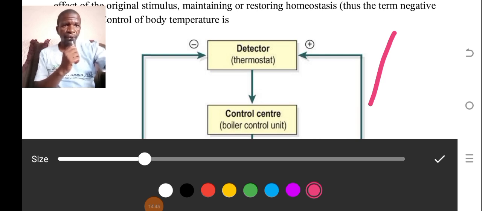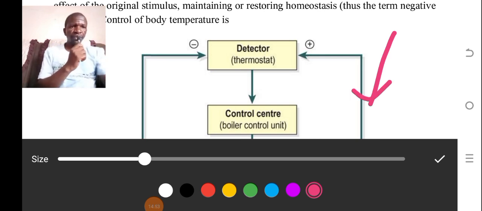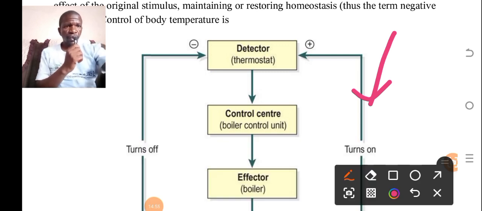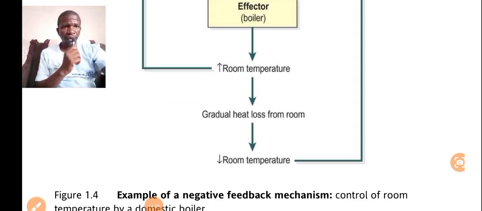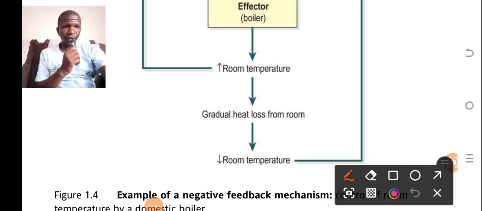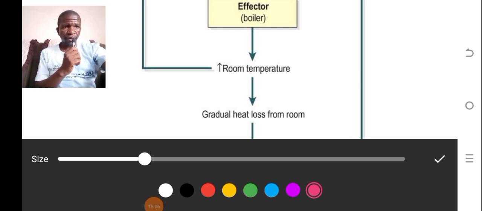You can see this plus because the room temperature is too high. So it is going to be detected by this detector, because the room temperature was too low. Here our room temperature is way too low.